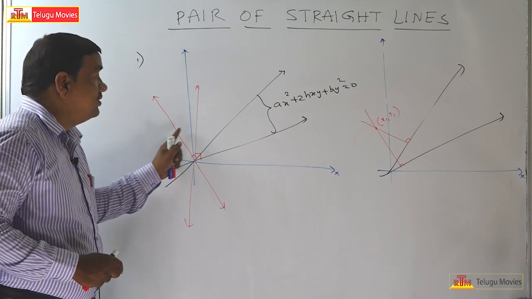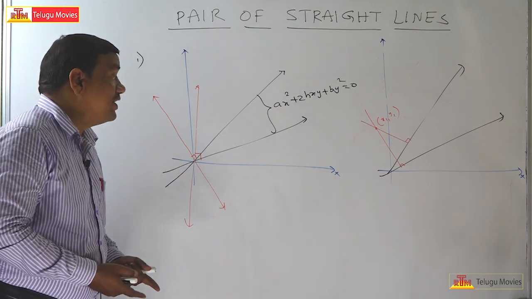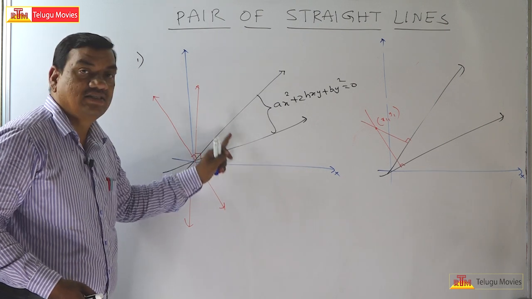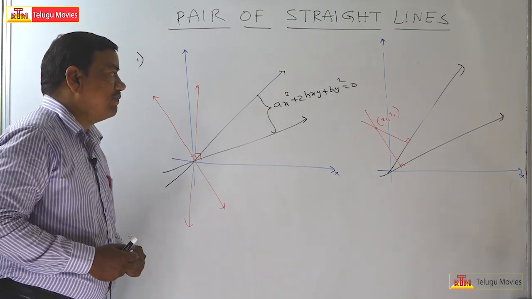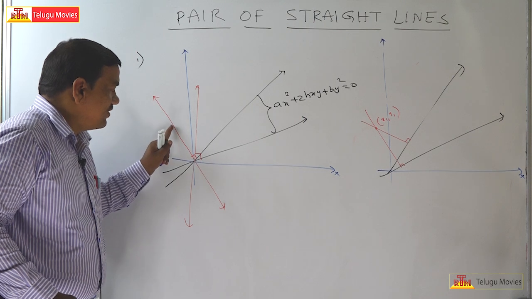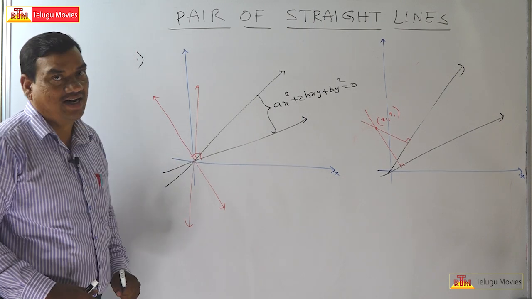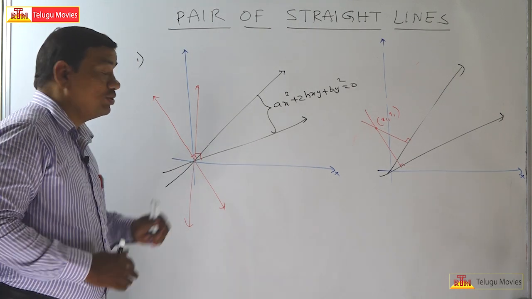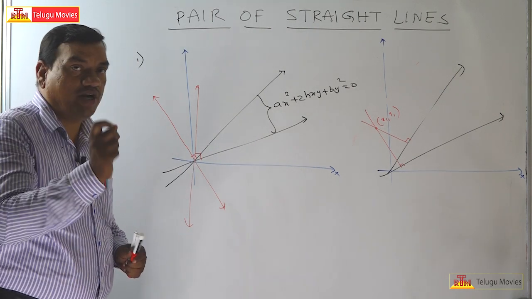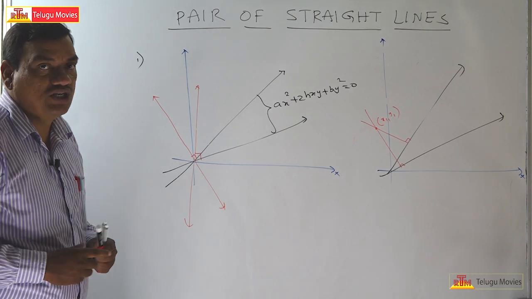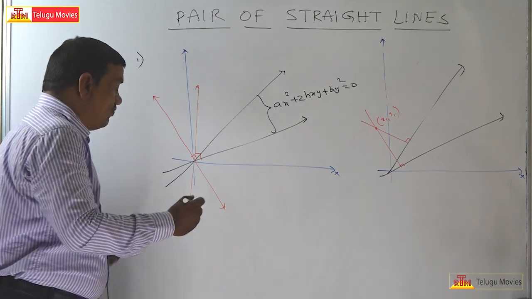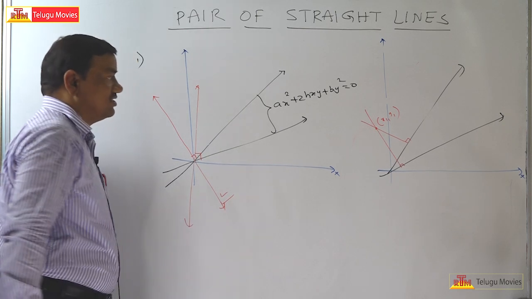But these two lines are perpendicular to the lines ax square plus 2hxy plus by square is equal to 0. So the first line is perpendicular to the first line, and the second line is perpendicular to the second line. But both are passing through the same point of intersection, which is the same for both sets of pair of lines. Now what will be the equation of these lines?